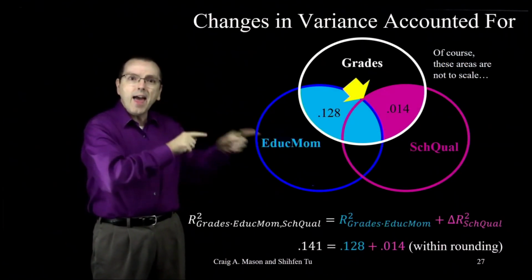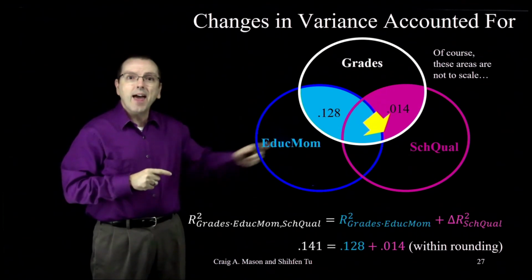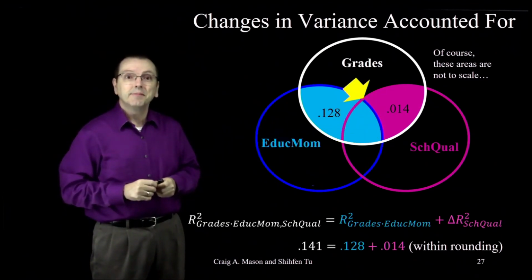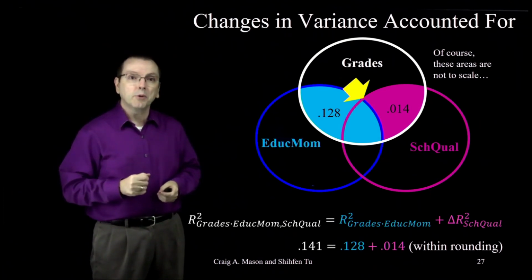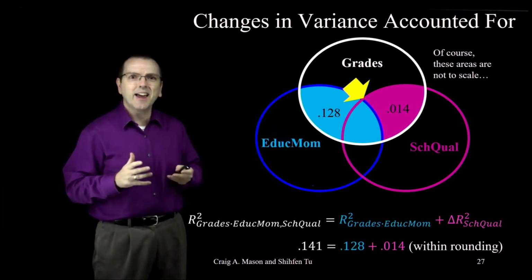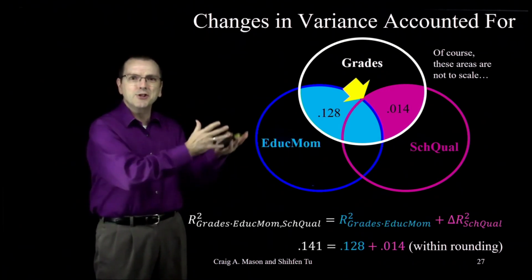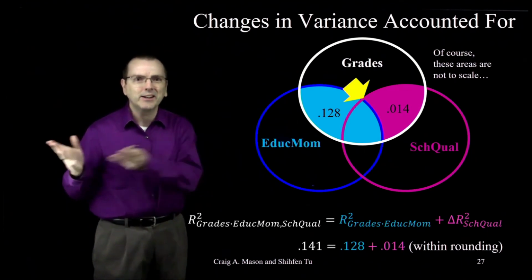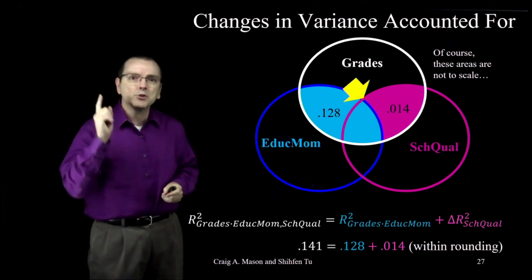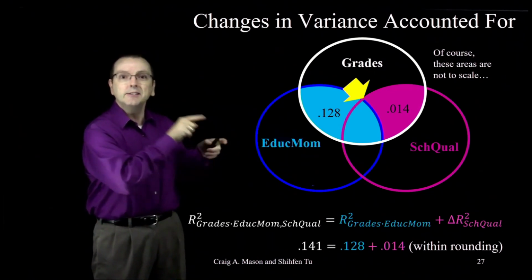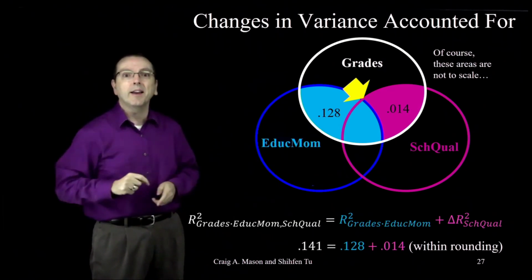So that variance, that C variance, belongs to mom. And in sequential multiple regression, she's not stuck getting credit for some potentially measly little unique effect. No, she gets the full 0.128 because she is the driving force behind that effect.